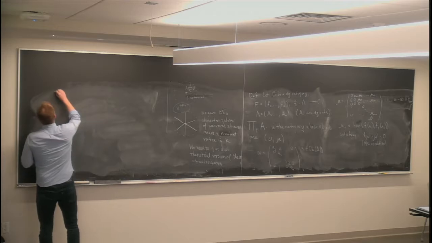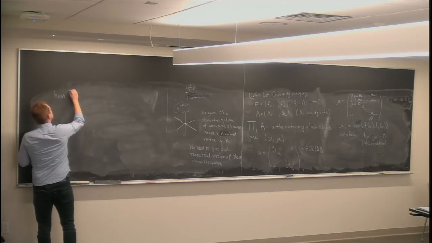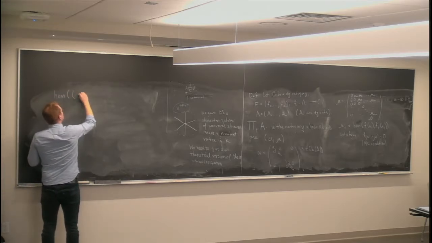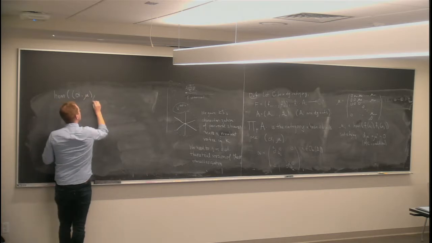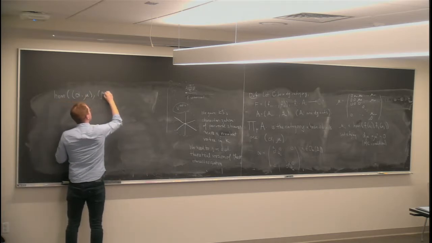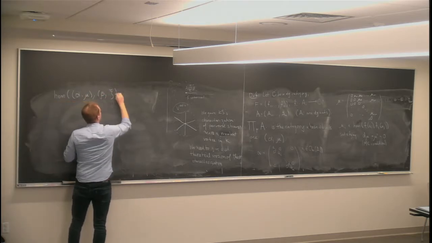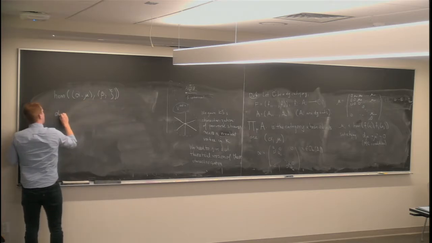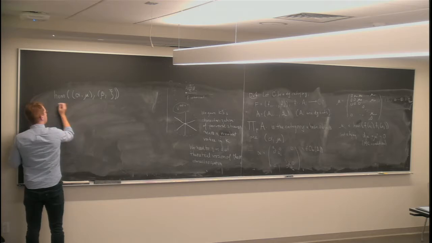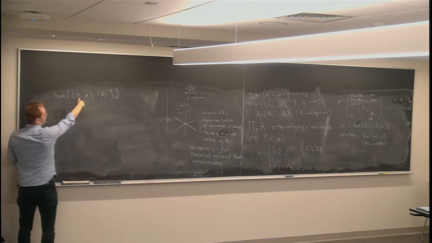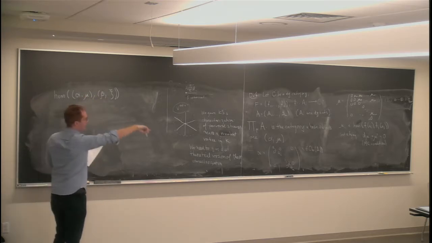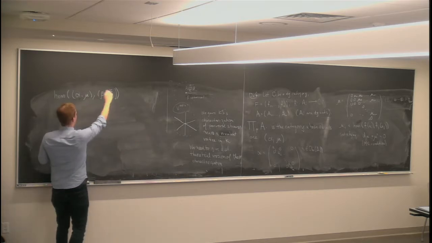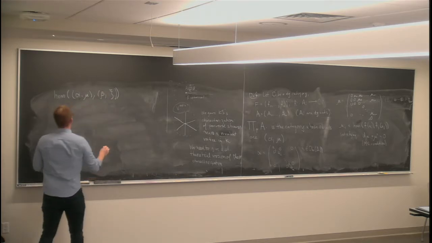And Hom from alpha, mu to beta. So let's say that alpha is the matrix with A_i on the diagonal, and beta is the matrix with B_i on the diagonal.